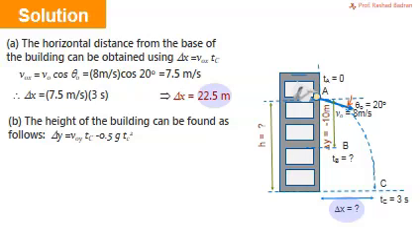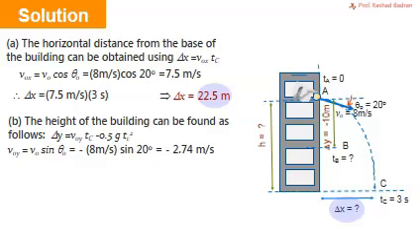To solve for the height of the building, we have to use the third kinematic equation, that is delta y equals v naught y t minus half g t squared, where t again is the time from the level of the point of launching the ball until it hits the ground, the time of flight.